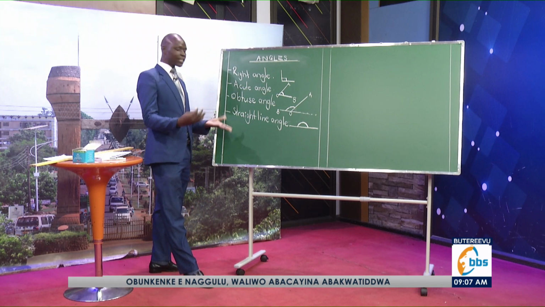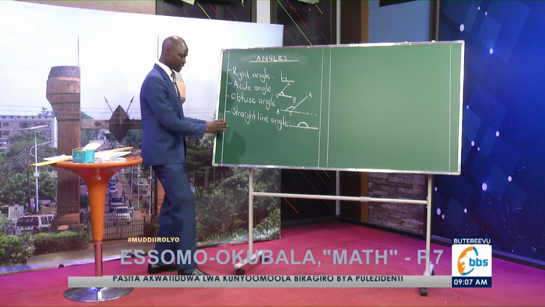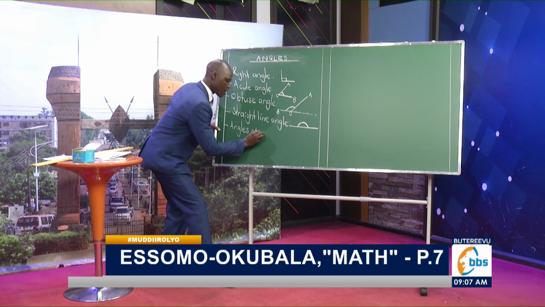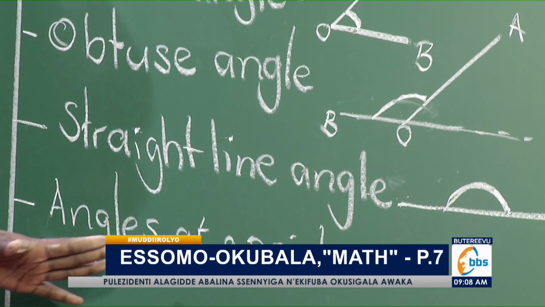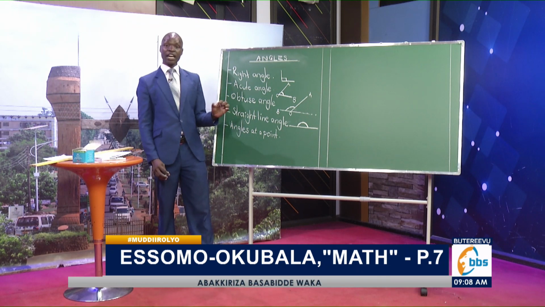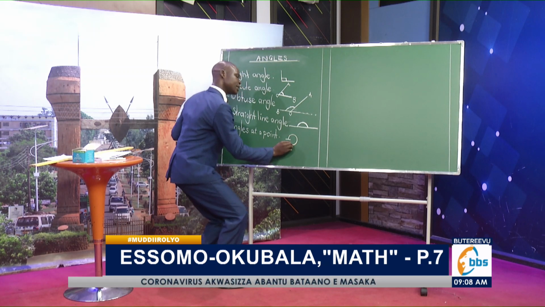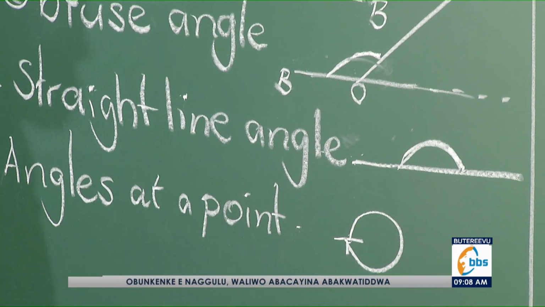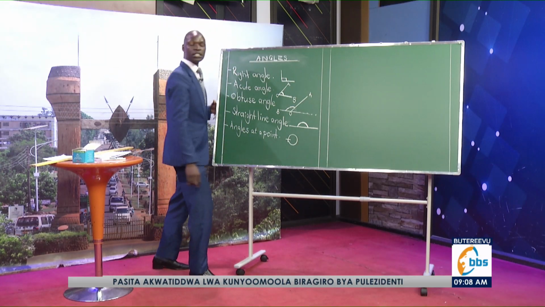We also have angles at a point. These are angles which add up to 360 degrees. For instance, you turn from here and you rotate until you come back to that point. The angle formed here is an angle at a point. So they add up to 360 degrees.